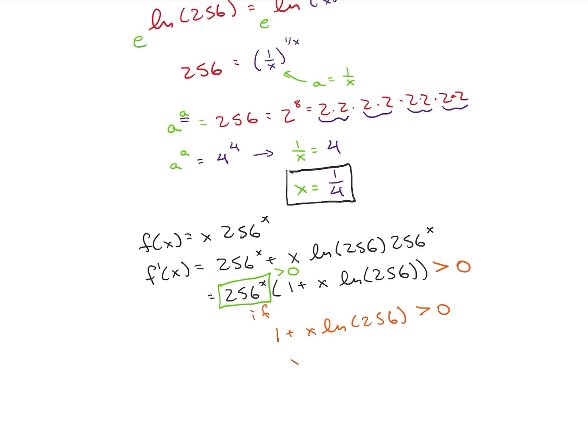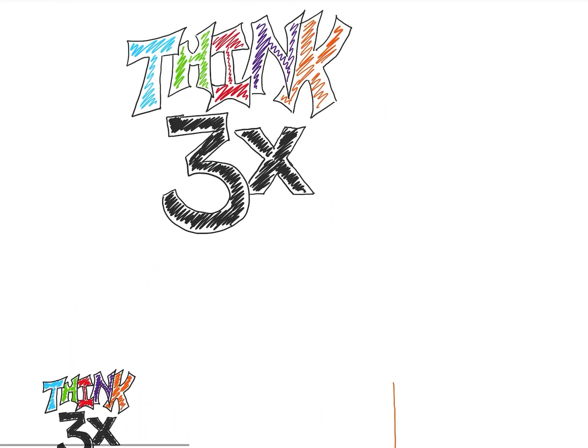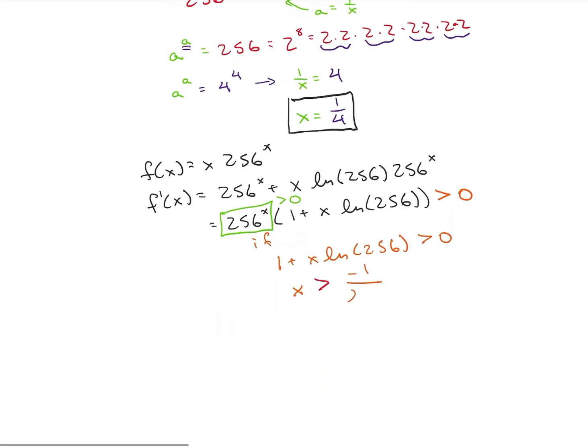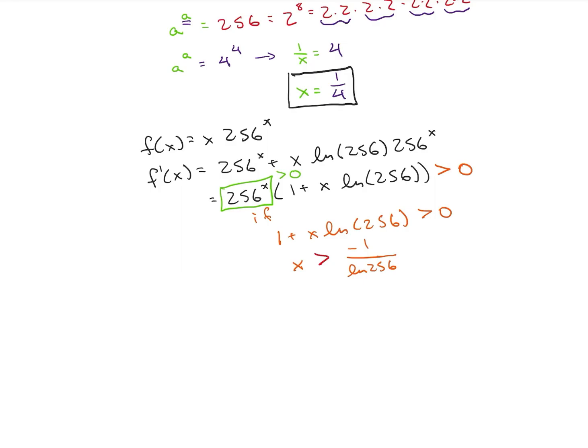That's going to be true as long as x is greater than negative 1 over the natural log of 256. That's some negative number, which is negative 1 over ln of 256, and that's less than 0, because ln of 256 is positive, so negative 1 over that is going to be negative.